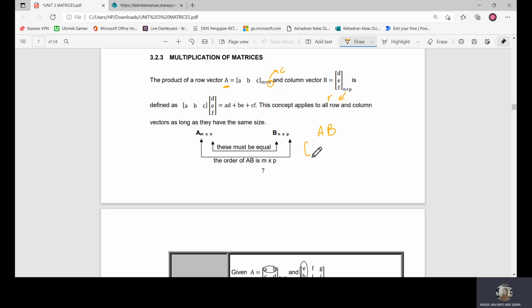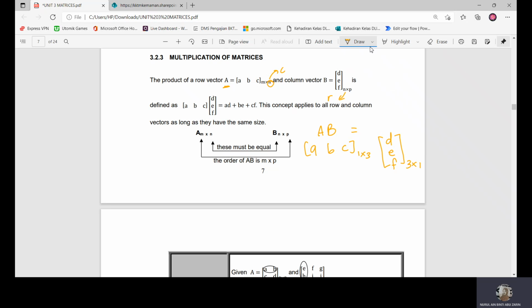So your matrix A is A, B, and C, which is considered to be 1 by 3, and you would like to multiply this with another matrix B, which is D, E, F, with 3 rows and 1 column.